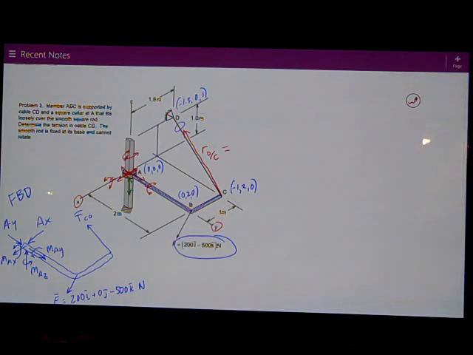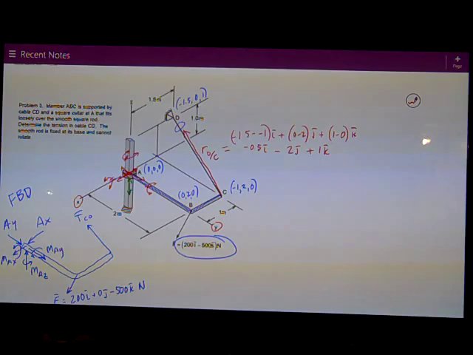So I've got -1.5 minus -1 i, I got a lot of minuses there, plus 0 minus 2 j, plus 1 minus 0 k. So I simplify all that, that's -0.5i - 2j + 1k.